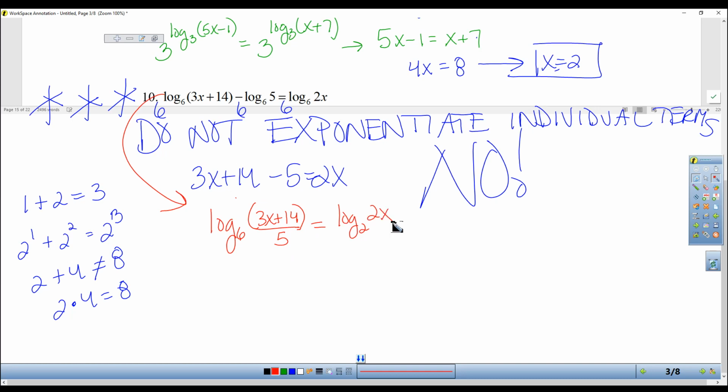Log base 2 of 2x. Remember, logs are related to exponents, so the same rules apply. And now that I have this, I can change it to 6 to the log base 6 of 3x plus 14 over 5 is equal to, oh, I'm sorry, this is a log base 6. I have a little 2 there. I'm just going to erase it real quick.